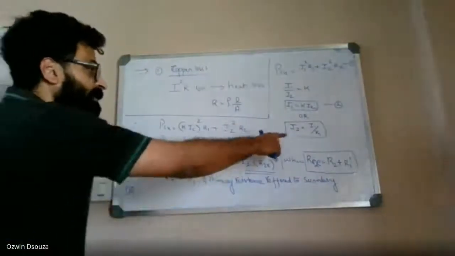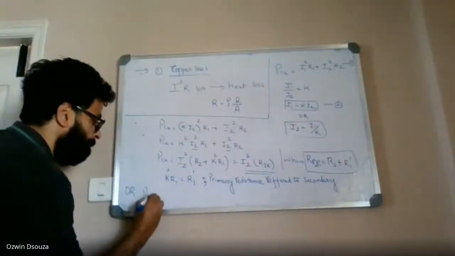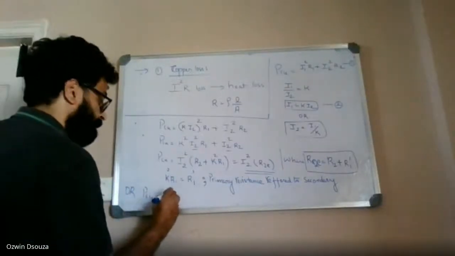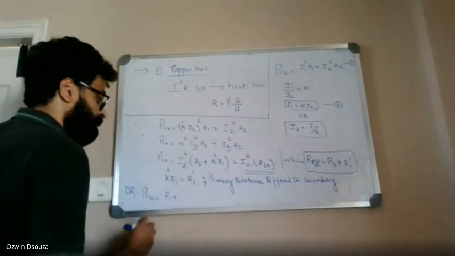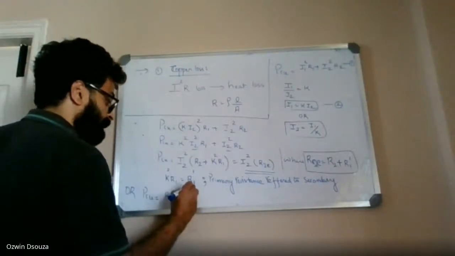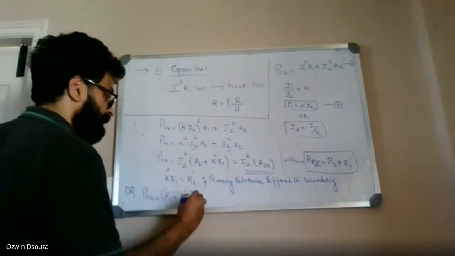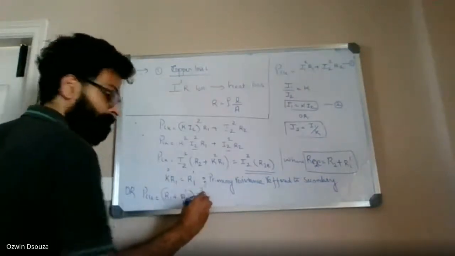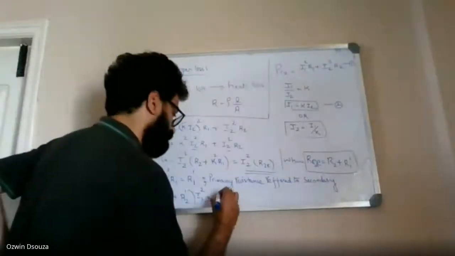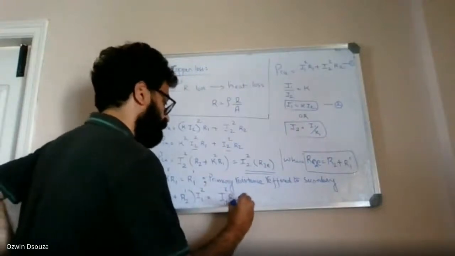So when you take I2 instead of I1, you should get PCU as R1 plus R2 dash into I1 square. Or you can write this as I1 square into R1.